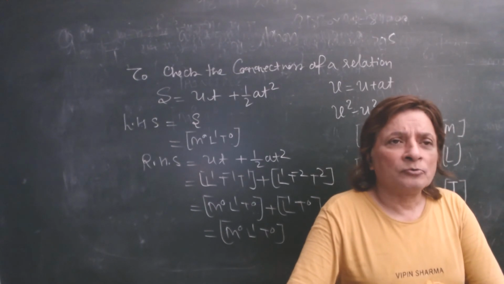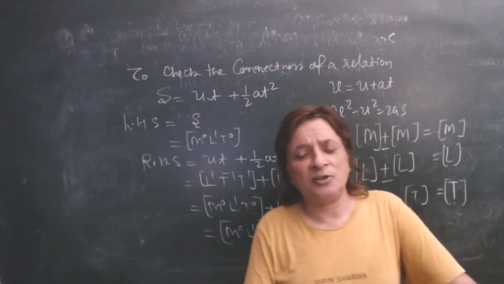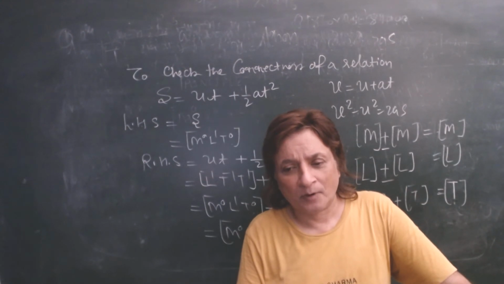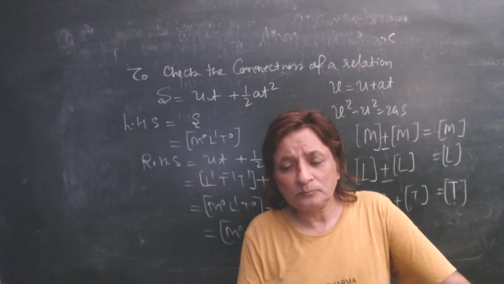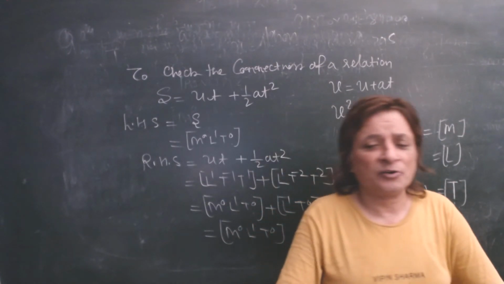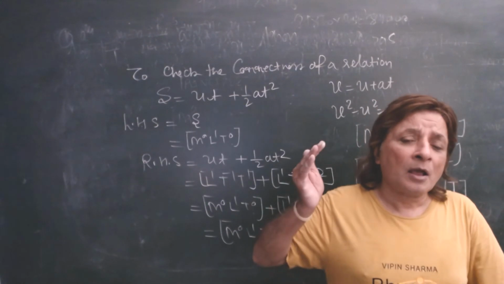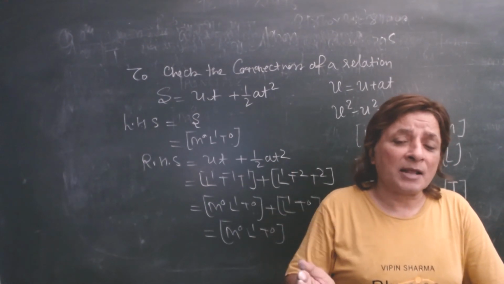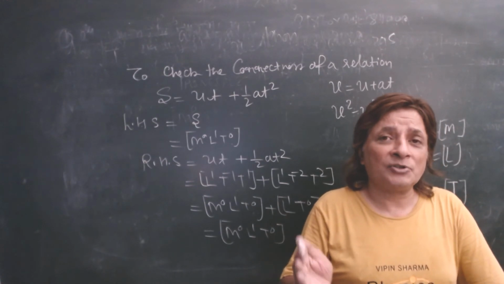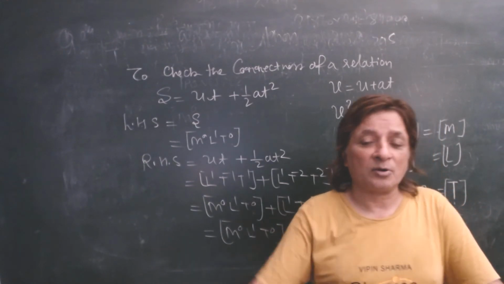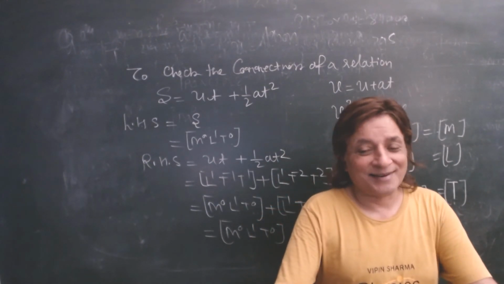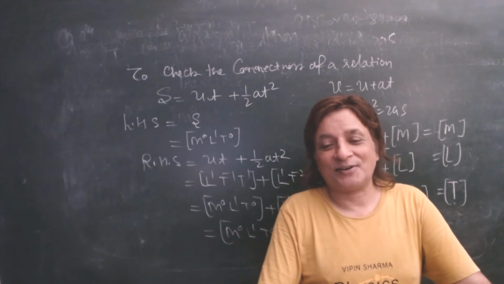So you can check the correctness of any relation using this concept. Hope it is clear. There are so many questions based upon checking the correctness of relations. Actually, the concept of dimensional analysis says that like adds like, subtracts like.